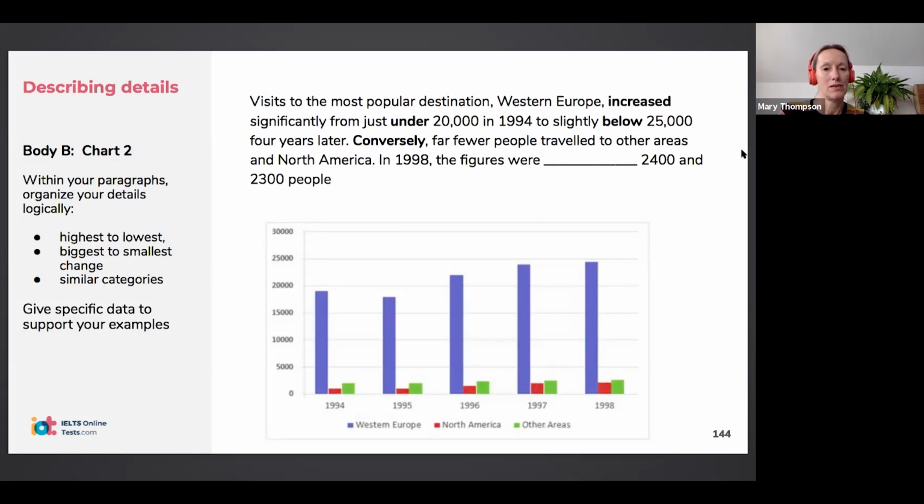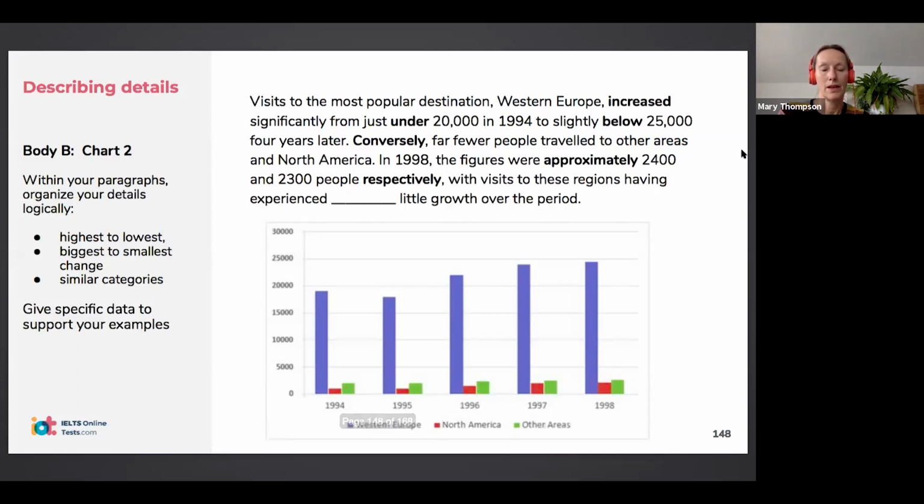Approximately 2,400 and 2,300 people. And as we finish this sentence off, respectively. With visits to these regions having experienced what little growth over the period?